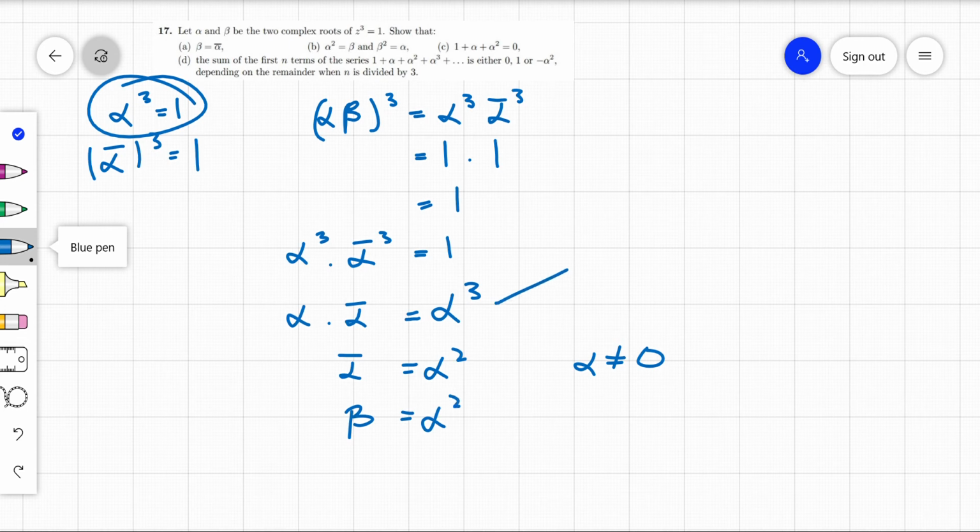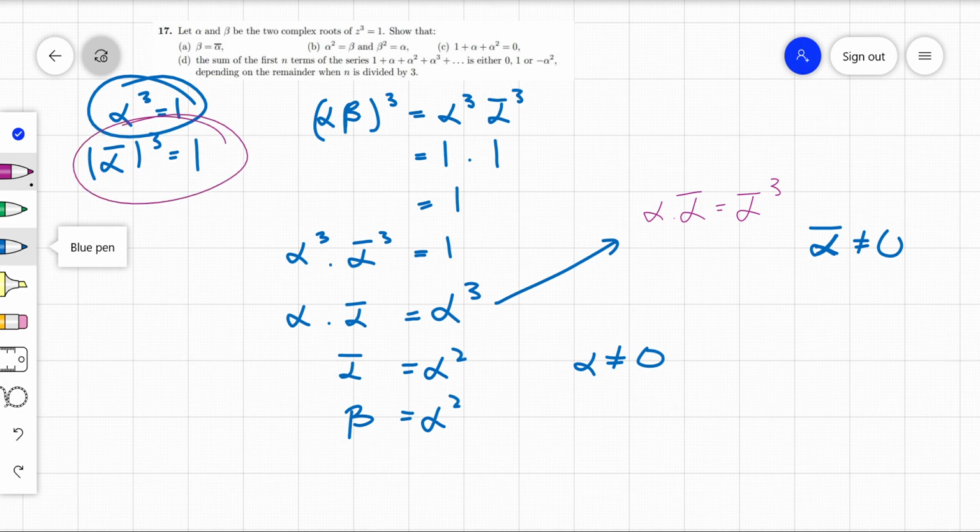Or if I go back to alpha times the conjugate of alpha, it also has to equal the conjugate of alpha cubed from here. If I divide both sides by the conjugate of alpha, which can't be 0, I will get the conjugate of alpha squared being alpha.